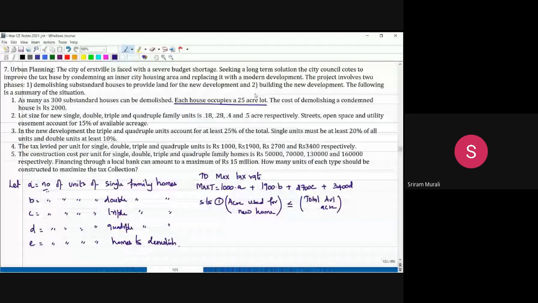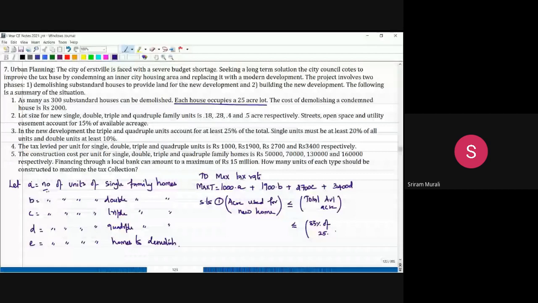Total available acre, that is your 85% will be taken for what? 85%, as I said, 15% will go to street, etc., open space. In 85%, we want to build on 25 acre, but in the 25 acre, you already have substandard houses.